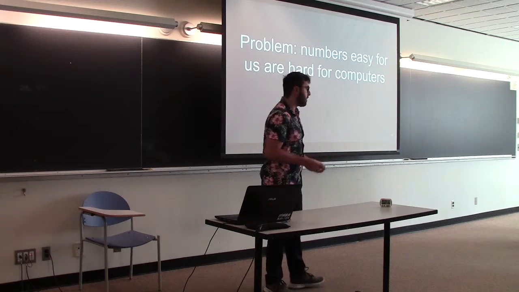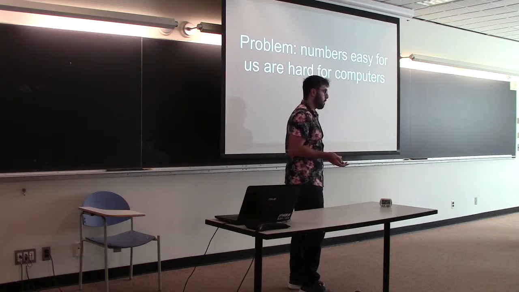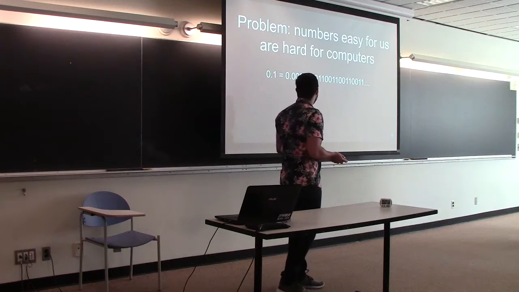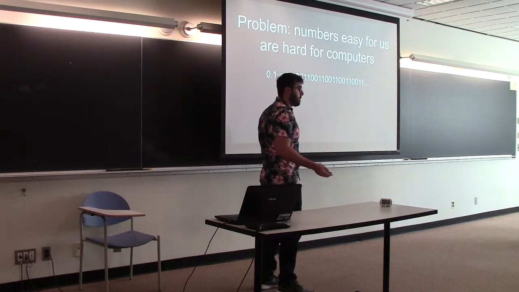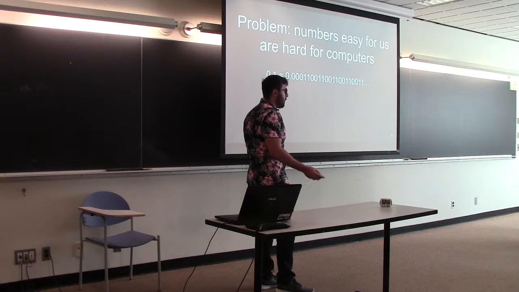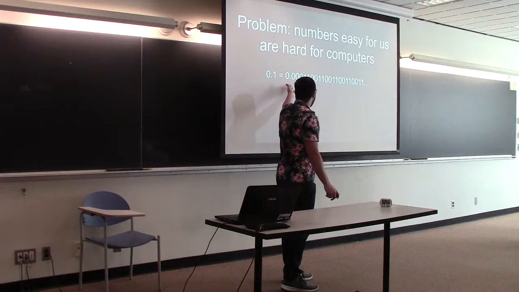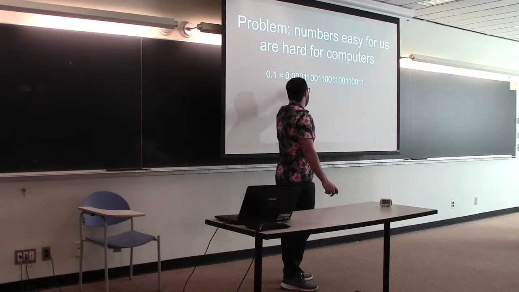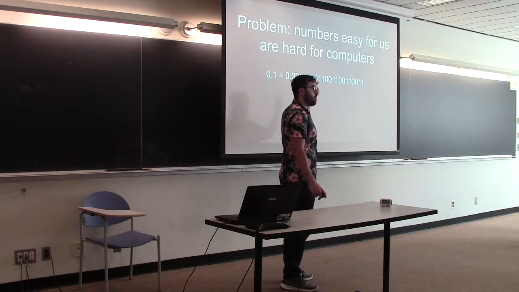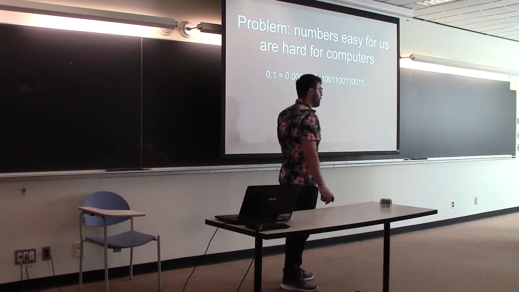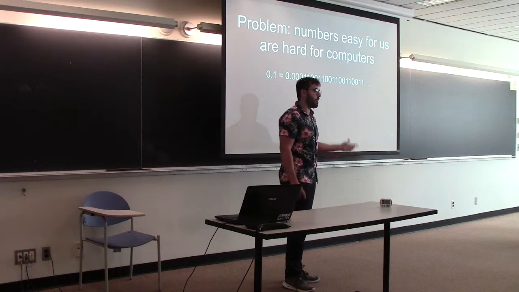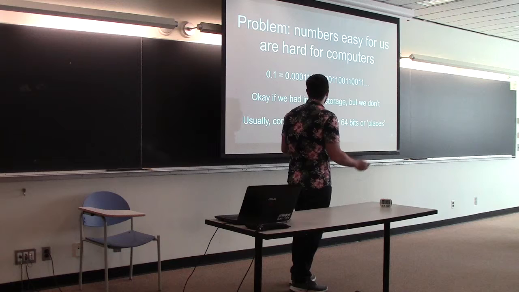Some numbers that are easy for us are really hard for computers to understand. For example, 0.1, which is a super easy number, can be really hard for a computer because 0.1 in binary is 0.0001 1001 1001 1001, and so on and so forth for infinity.